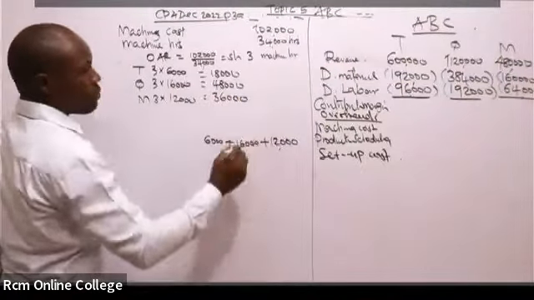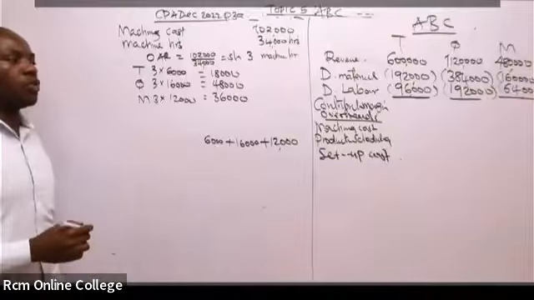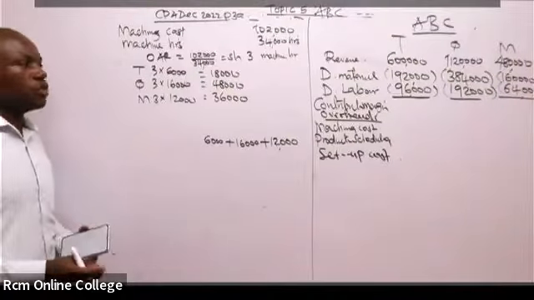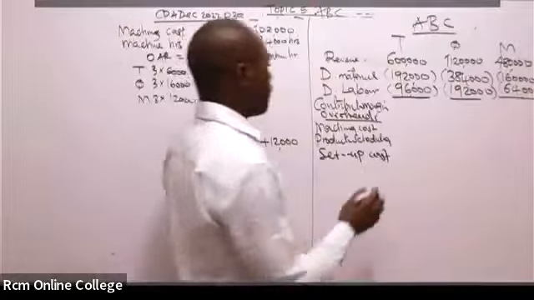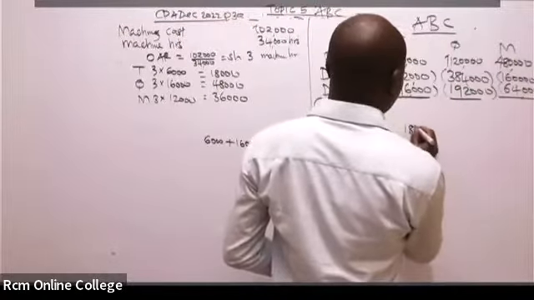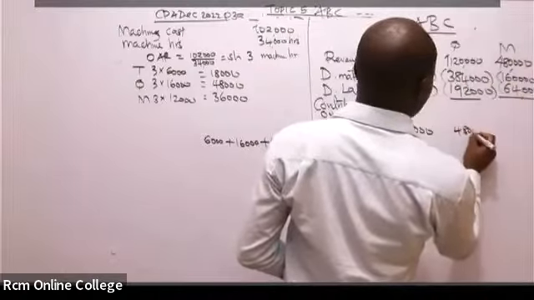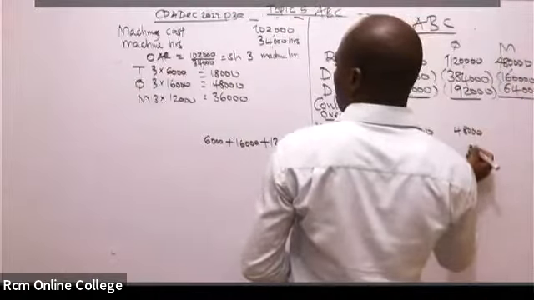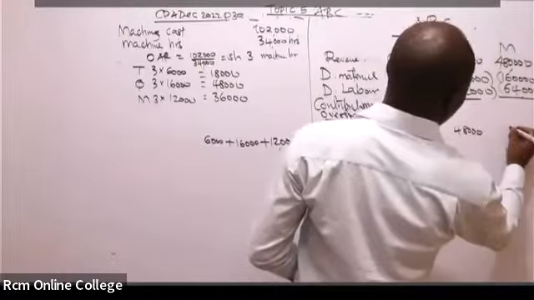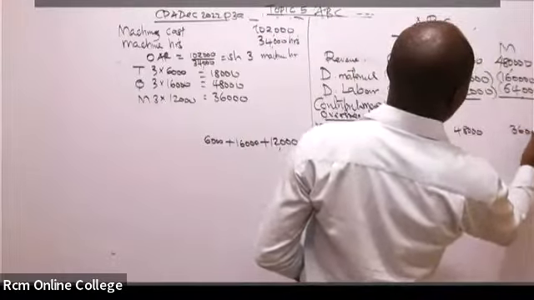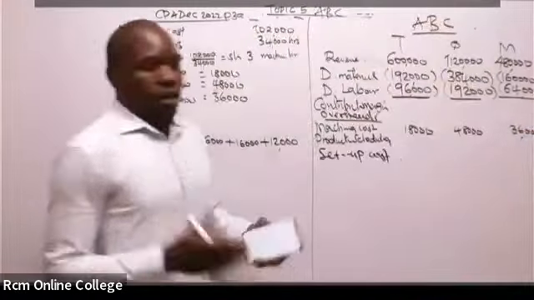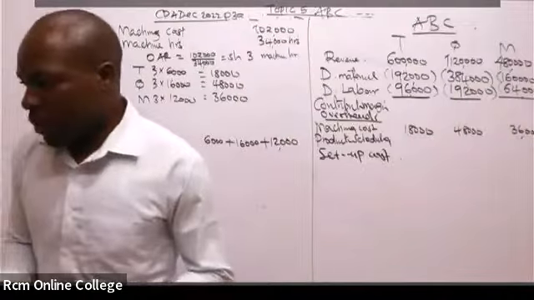If you add all of them, you must get 102,000. If you're not getting 102,000, your workings are wrong. So we have 18,000, 48,000, and 36,000. I hope you are now beginning to get what is happening.